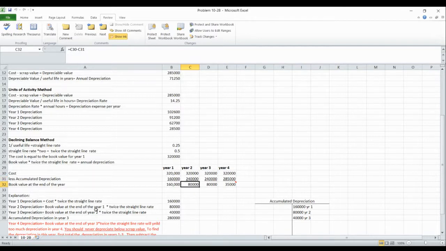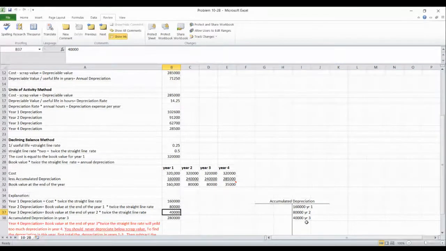Notice in year three, we pick up the book value at the end of year two, which was 80,000. We're going to multiply that by twice the straight line rate, which was 50%. So 80,000 times 50% will give you 40,000, which is the depreciation expense in the third year. In the third year, we would credit the accumulated depreciation account.